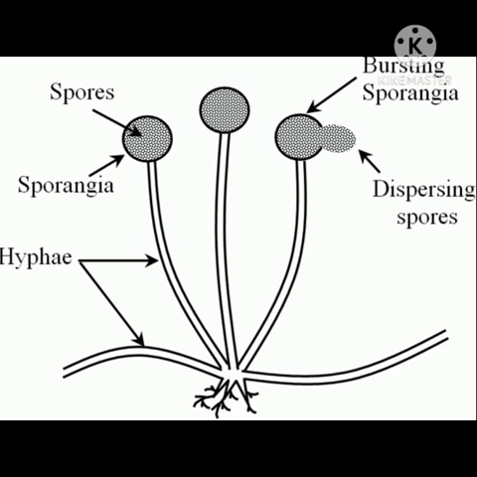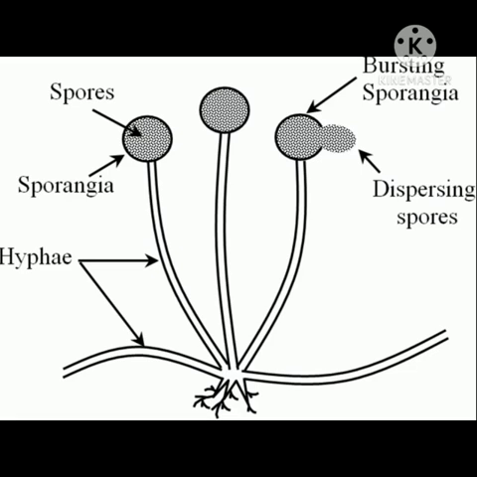Now let's study spore formation in fungi. You can see the diagram of fungi. In fungi such as the bread mold or Rhizopus, numerous spores are produced within sacs called sporangia. You can see sporangia in the given picture.